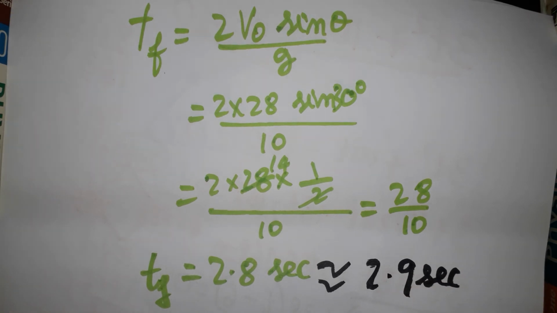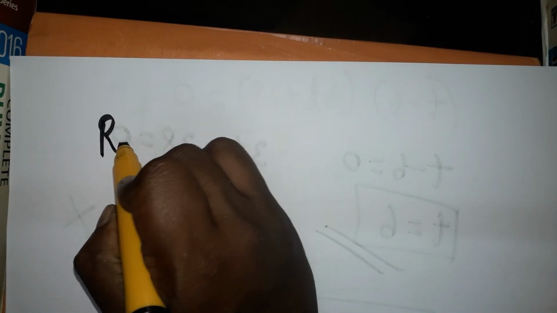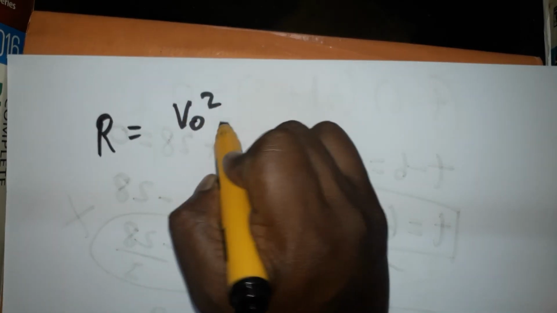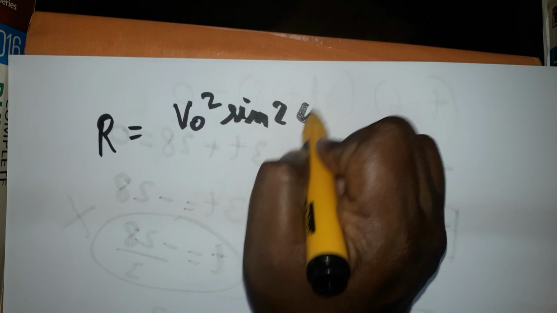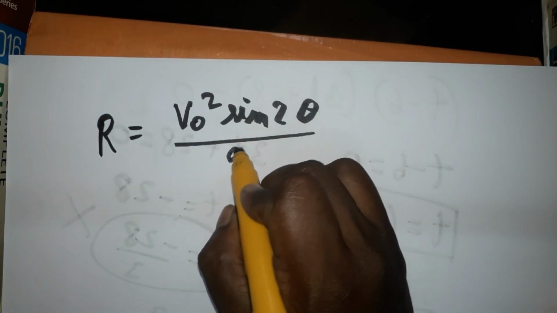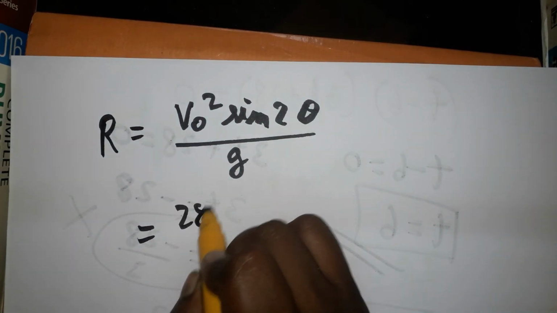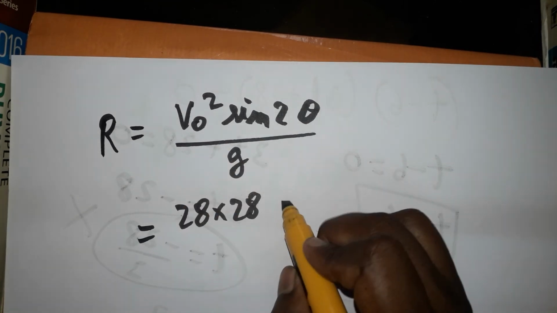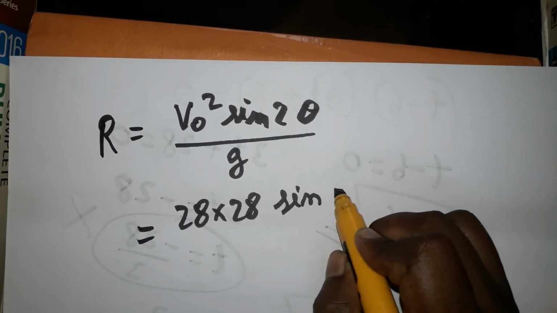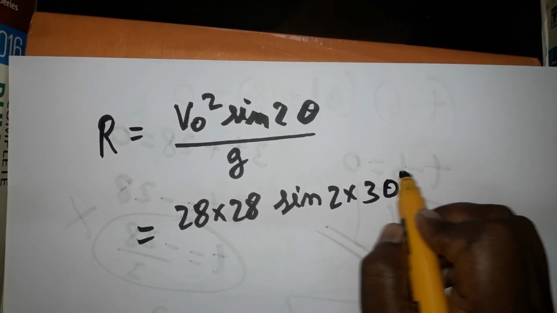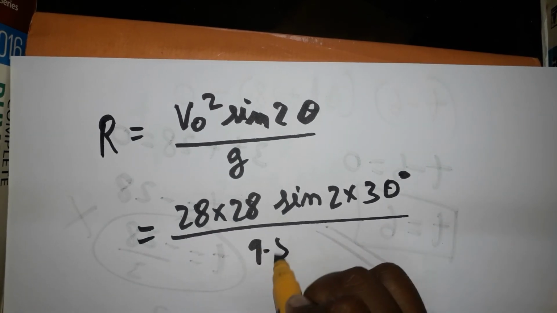Then the third one, range: R is equal to v naught square sin 2 theta divided by g. So v naught is 28, so 28 into 28, because v naught square sin 2 theta, 2 times 30 degree is 60 degree, divided by 9.8.